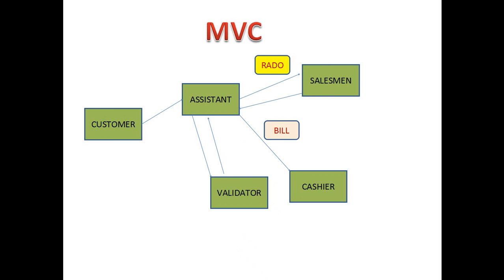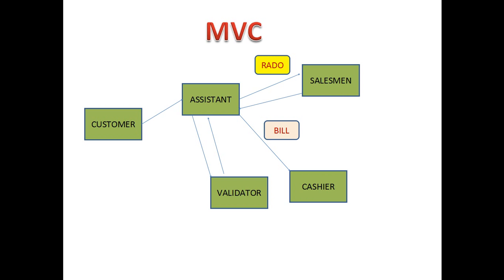The cashier doesn't know who the salesman was, or even who the customer was. What he knows is that he has a watch and he has to make a bill for it. That's all. So the cashier's job is completely isolated from the salesman's job. The reason is that the salesman's job is only to display different kinds of watches.